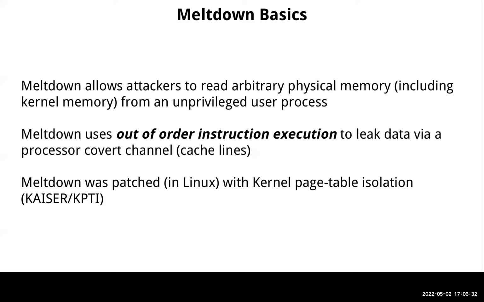It can be extracted and retrieved. Not written, but read. So this basically bypasses the protection of the MMU. The MMU says if you are a ring-3 program, you cannot read or write kernel memory.